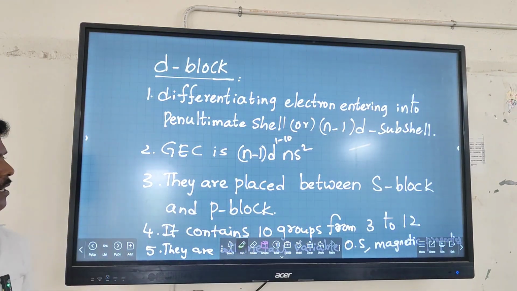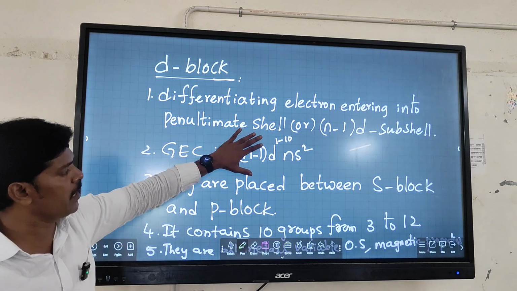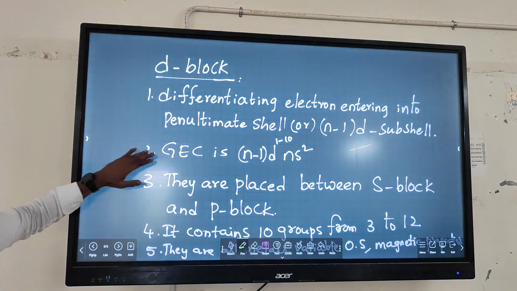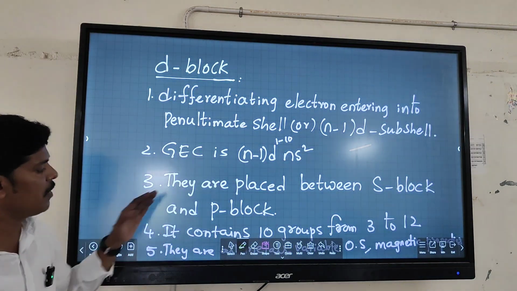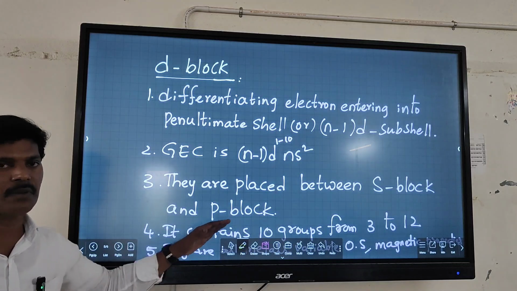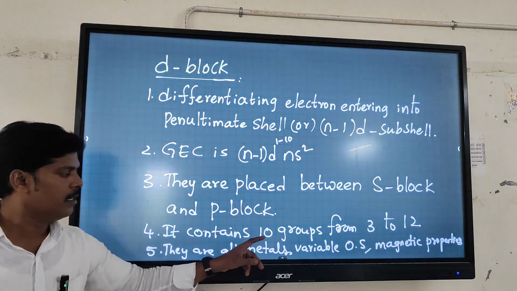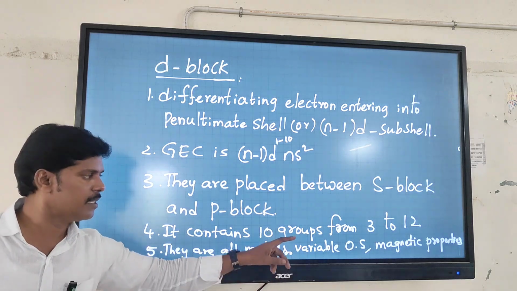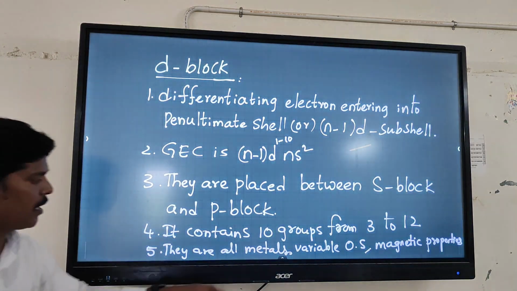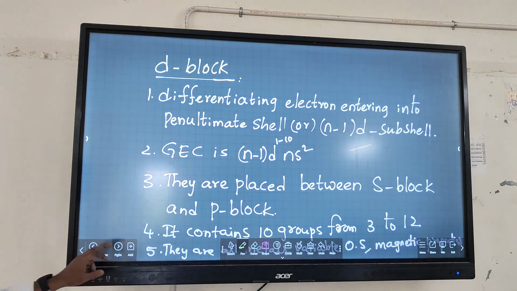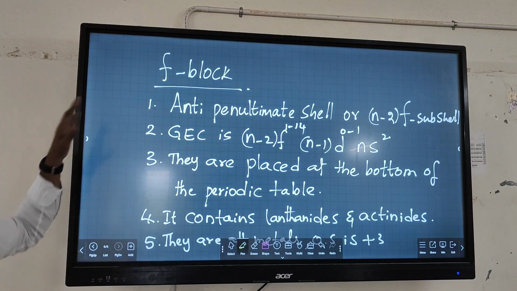Therefore, the differentiating electron enters into the (n-1)d subshell. Also, they are placed between S block and P block. It contains 10 groups from 3 to 12. And the last point, they are all metals, they have variable oxidation states, and they have magnetic properties as well.